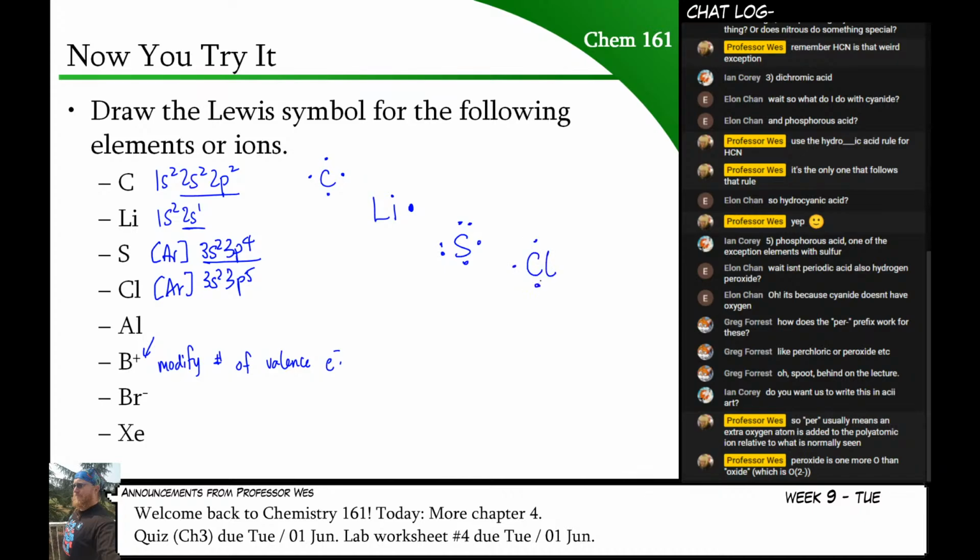So 1, 2, 3, 4, 5, 6, 7. Let me get rid of all this here. For aluminum, I have argon 3s2, 3p1. So that's 3 valence electrons. So we'll do 1, 2, 3. There you go.